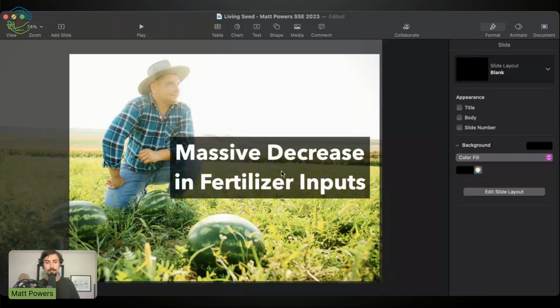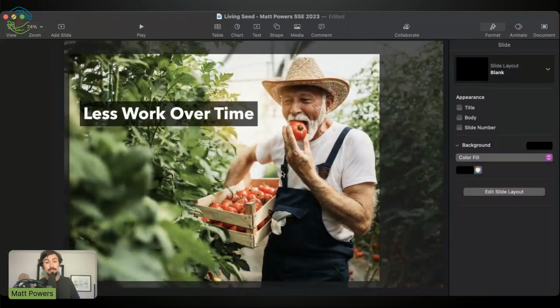Taper that down, and that becomes less work over time. Less inputs means less spending over time, and so you earn more. You have more life, more free time with your family, or more time to expand those gardens if that's what you would like to do, because that's what I always do.